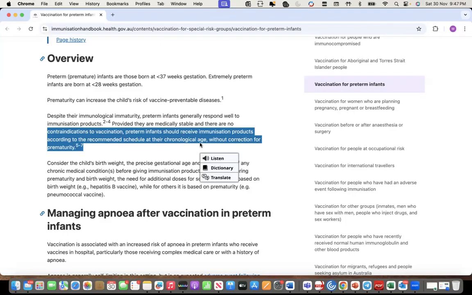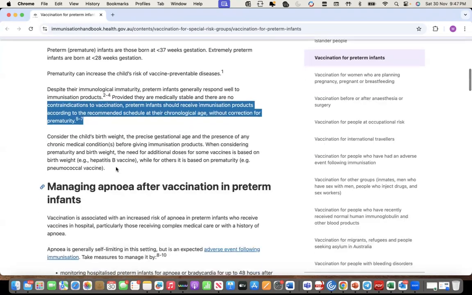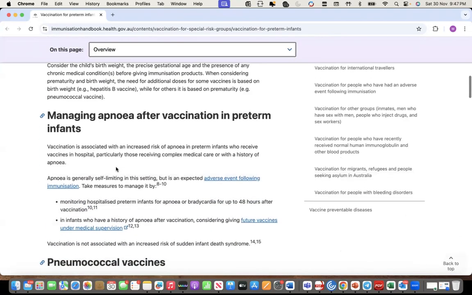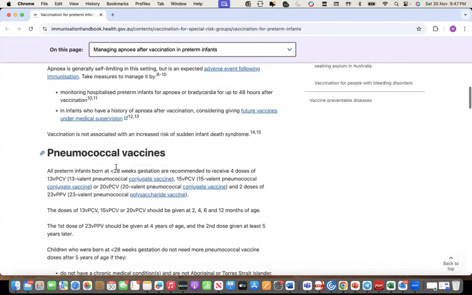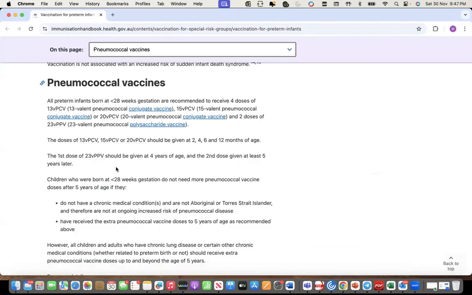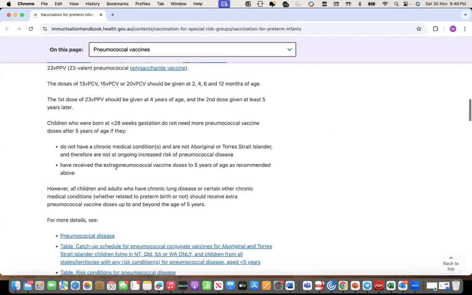So you consider the child's birth weight, precise gestational age, and the presence of any medical condition. This is the standard for every child. This child doesn't have anything special at the moment and is not extremely preterm. The birth weight seems fine and reasonable. The vaccination should be started as per standard.